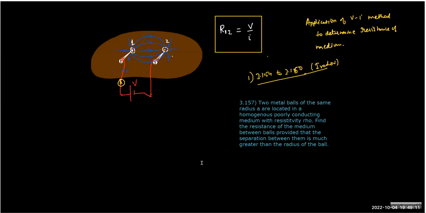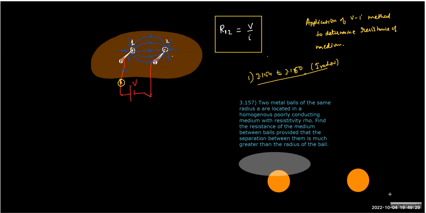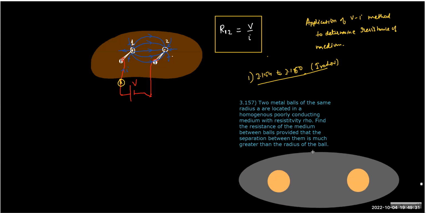So you can draw two metallic balls. You can assume them to be very small, and they are kept in some poorly conducting medium. I don't have space, but the medium is not confined.